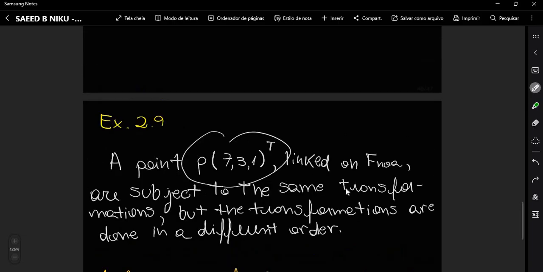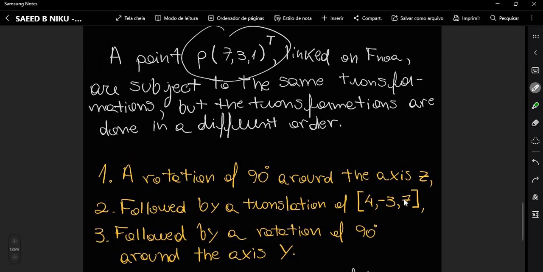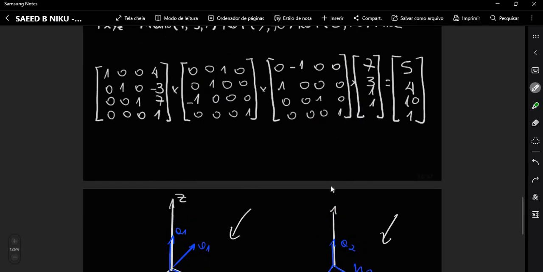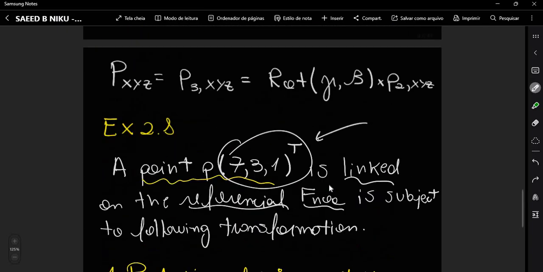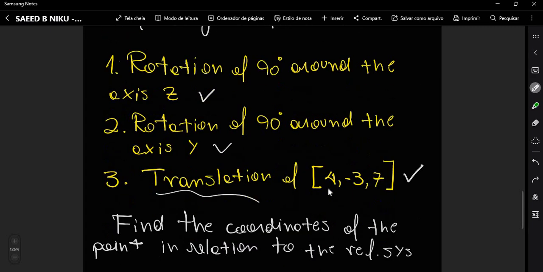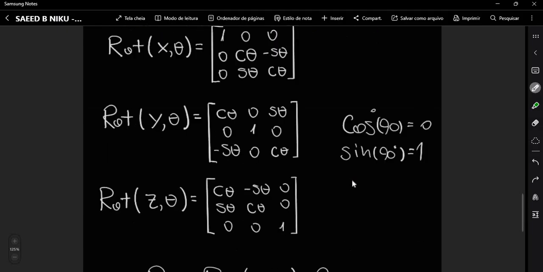Notice that now we are changing the order of the transformations. It is the same point, but in the previous example we applied two rotation transformations, and the last one was the translation.